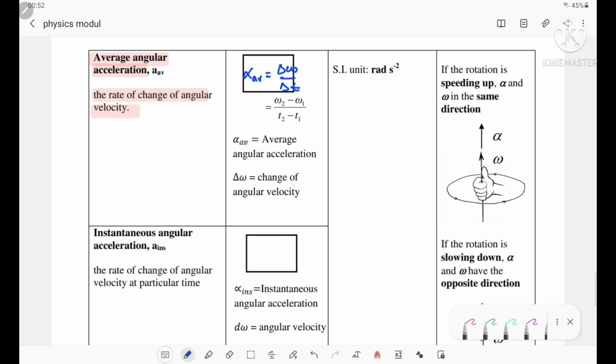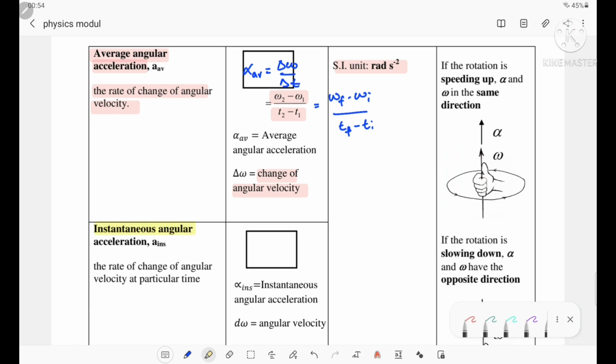Delta omega is equal to the change of angular velocity, or you can write omega 2 minus omega 1 divided by t2 minus t1, or omega final minus omega initial divided by t final minus t initial. The SI unit for the angular acceleration is radian per second squared.